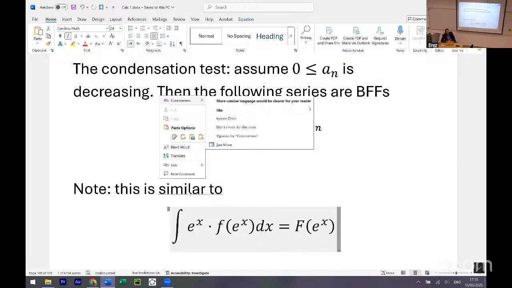More concise language would be clearer to the reader, like it actually says that "similar to" is grammatically incorrect. No, that isn't a grammar check. Can you open the options for conciseness?